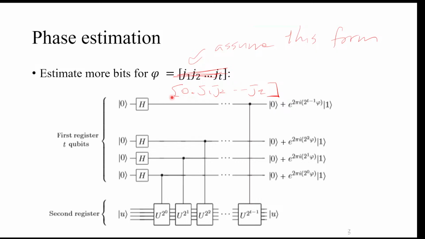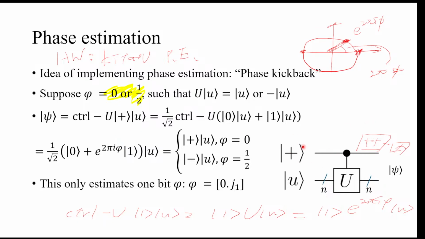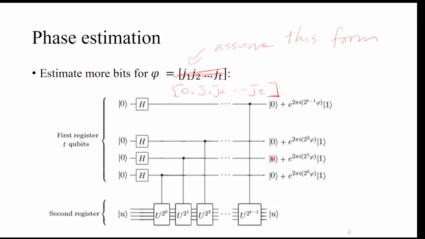It's a finite length. Then we do our phase estimation in this form. We still want to do our phase kickback, so we have a whole bunch of qubits prepared up here, and we still have our U here, and we just control U to a different power.